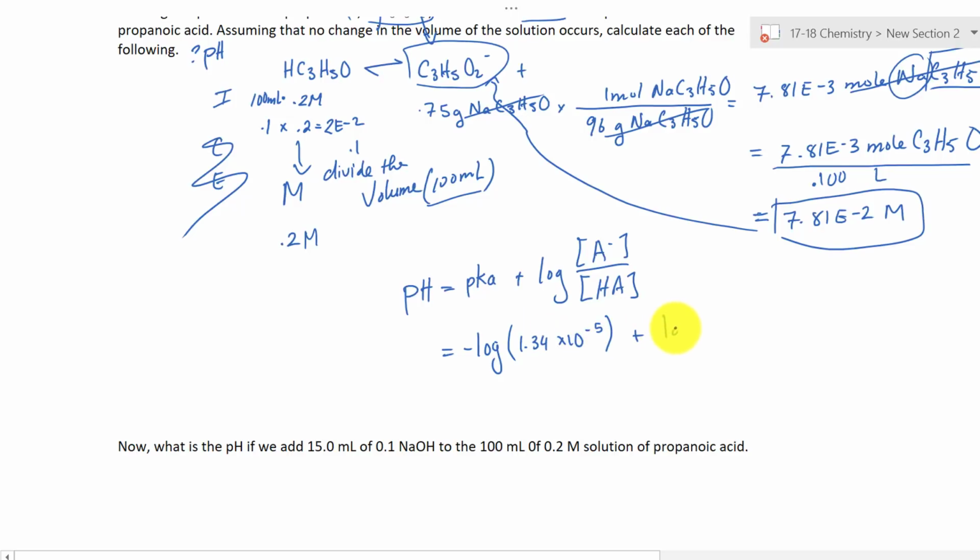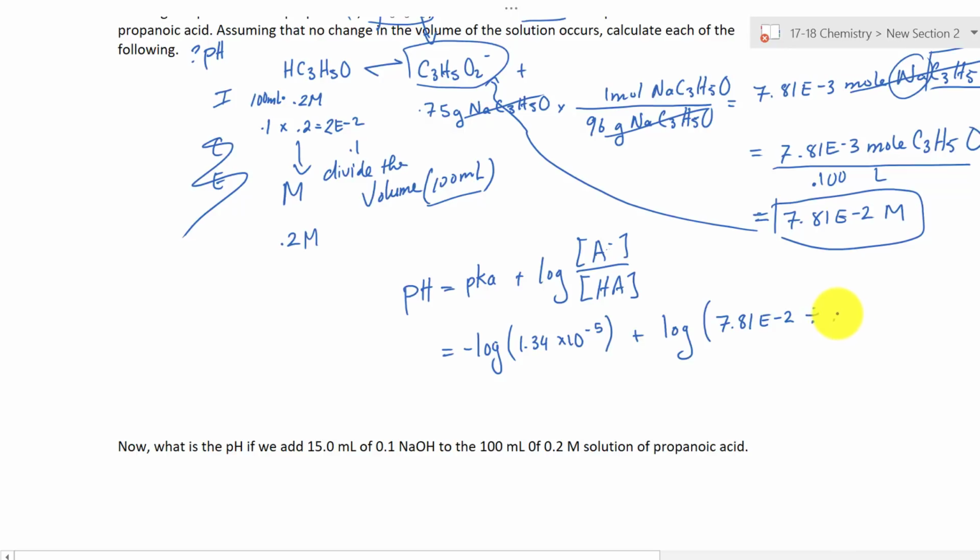And plus log, okay? Now remember to put parentheses in this case. If I were to plug this into a calculator, it would look something like this: parenthesis, log, what's the concentration of the conjugate base? It's 7.81 e to the negative 2, divided by, what's the concentration of the acid? 0.2.